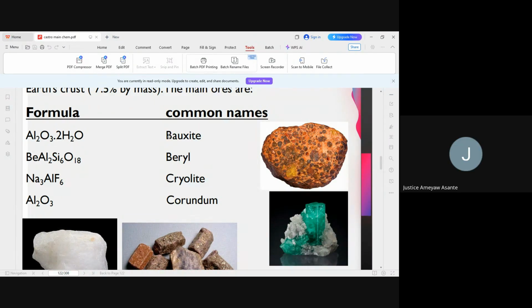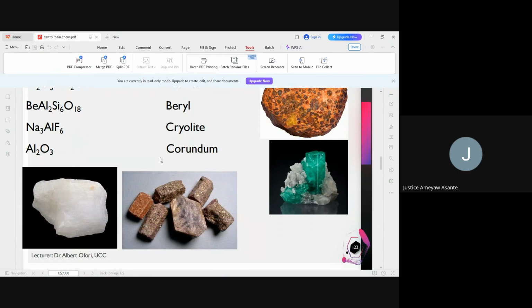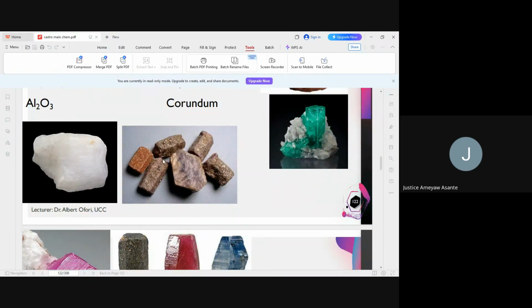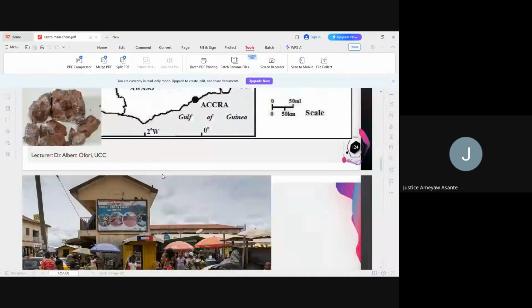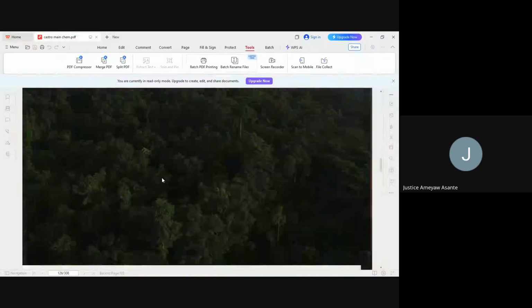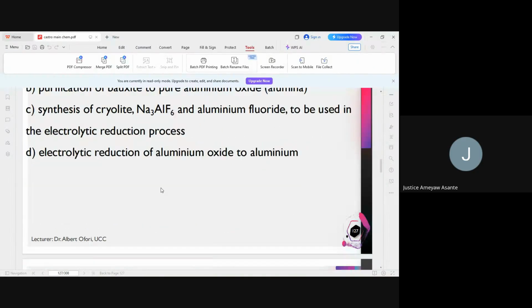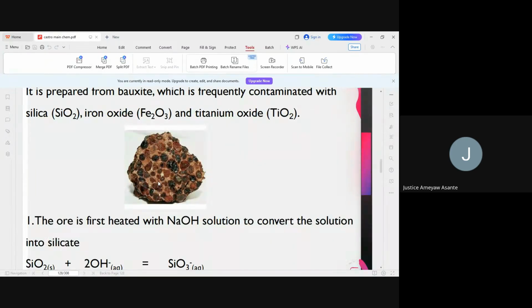But within this bauxite, we have the silica, we have the iron oxide, and then we also have titanium oxide.